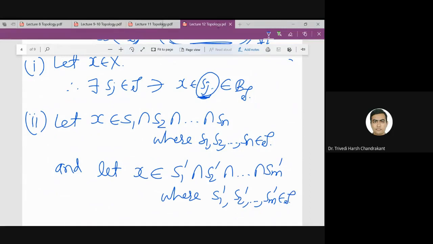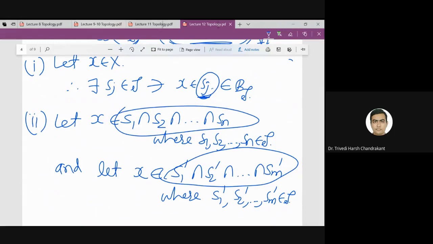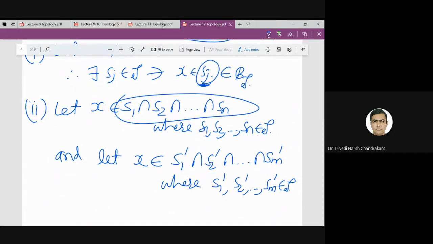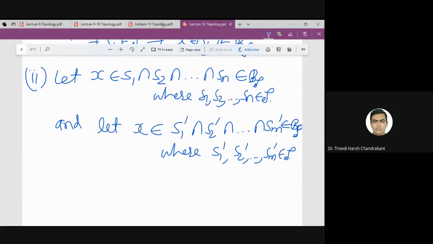Now I hope it is clear what the definition of Bs is. We take all such finite intersections, and n and m may be different or the same. So these are two elements of Bs, right? Because both of these are finite intersections of elements of S. So what is the claim?